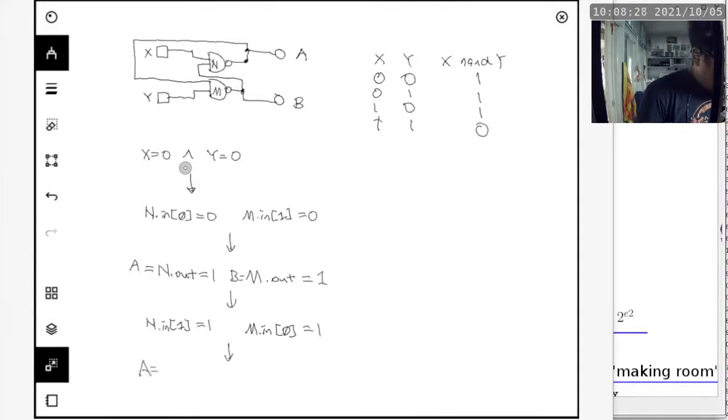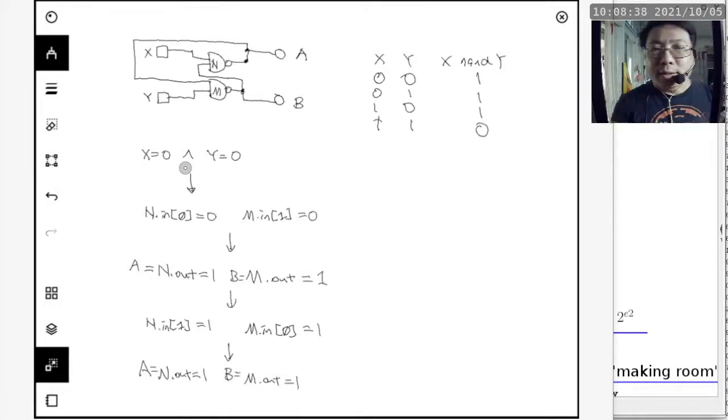We basically get back to the same conclusion that n.out is a 1 and m.out is also a 1. And that's a steady state. We have reached a steady state because we get back to exactly the same condition we were in earlier, and as a result, there are no more changes to propagate. So this completes one single analysis of this circuitry.